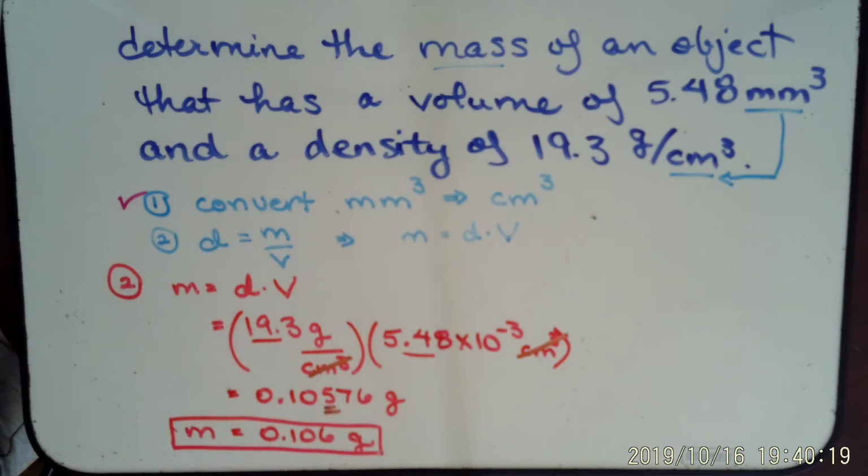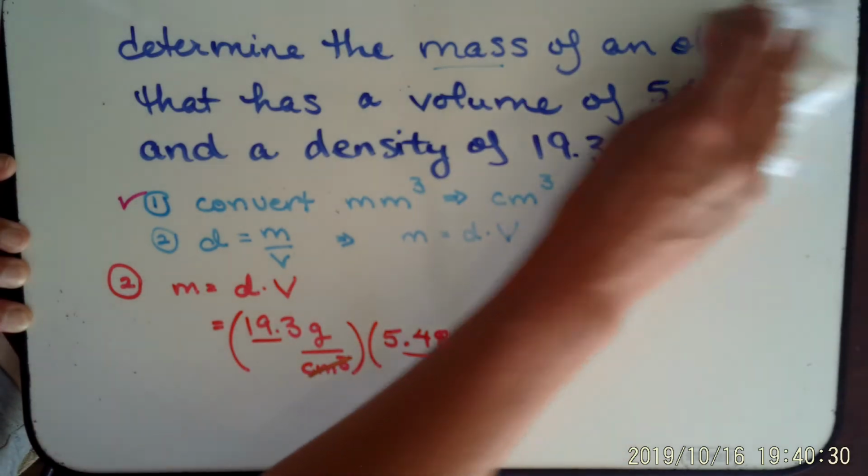Okay, so that's how you would use density to convert from a volume to a mass. Now, let's go the other way.